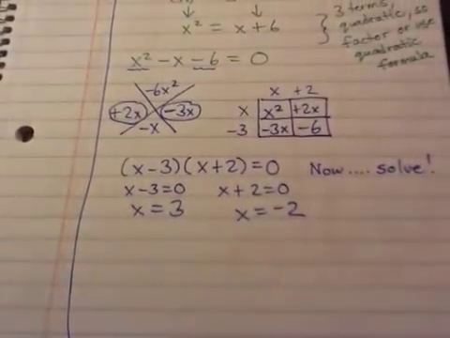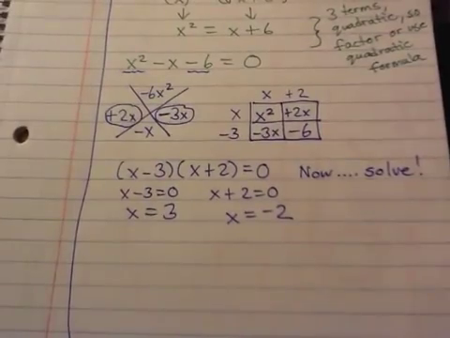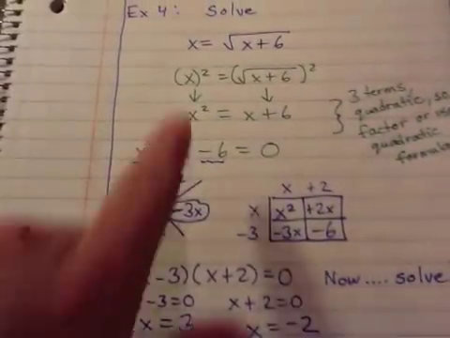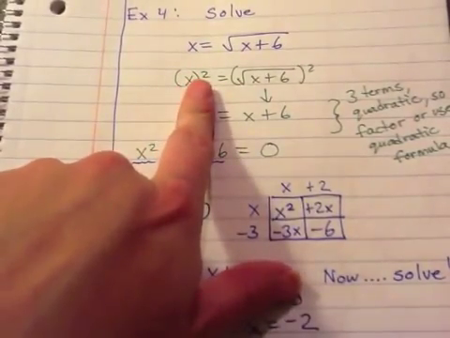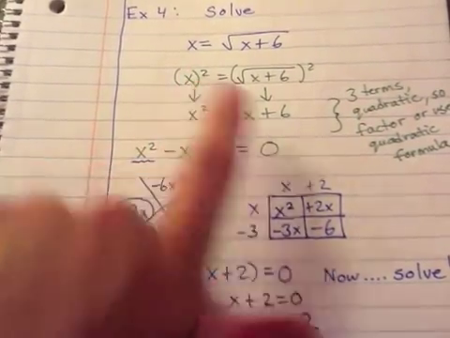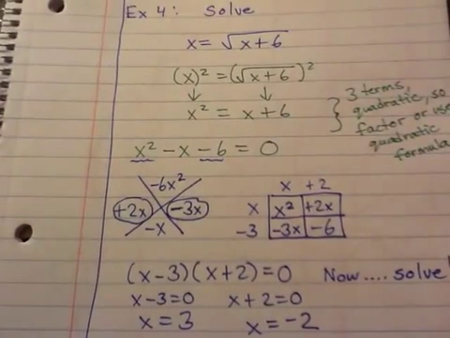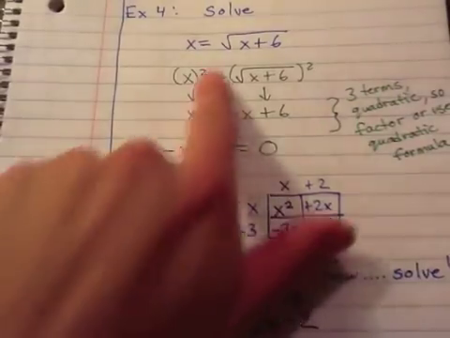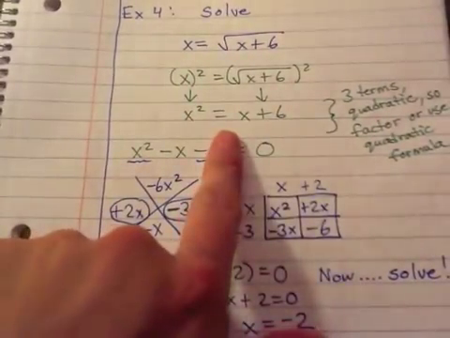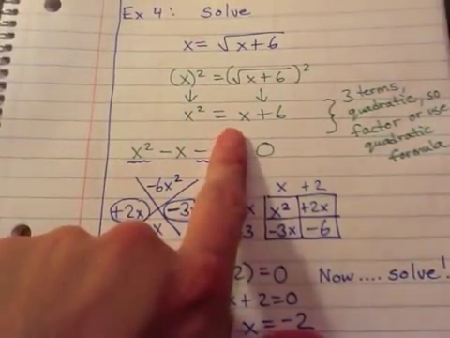Well, this is the case where a lot of times these aren't going to work. You started with only x's, and by squaring it, you ended up with an x squared. If you think about the rules with x squared, negative numbers squared become positives. So one of these solutions in here is not going to work, possibly.